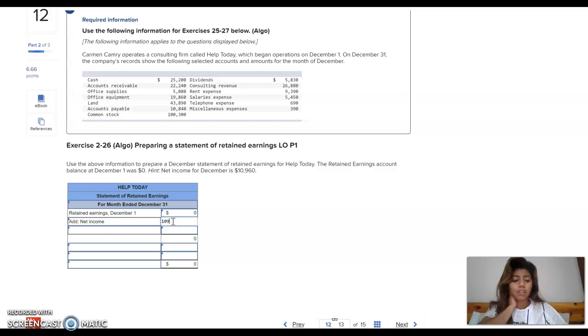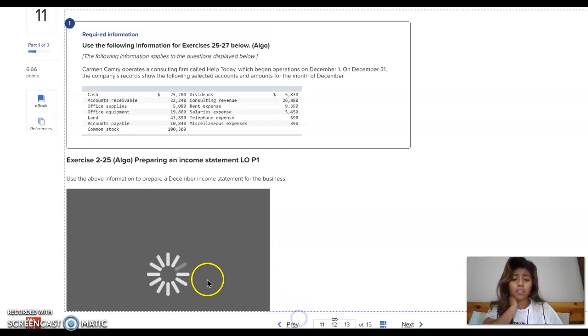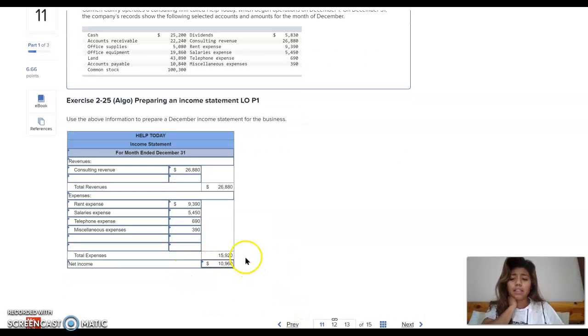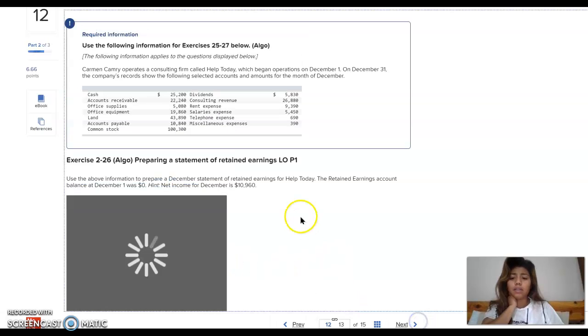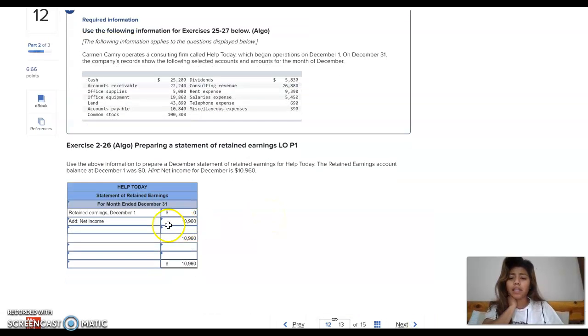And that net income, since all these problems are tied together, goes back to the previous one, and you will see it right here, the net income at the bottom, 10,960.